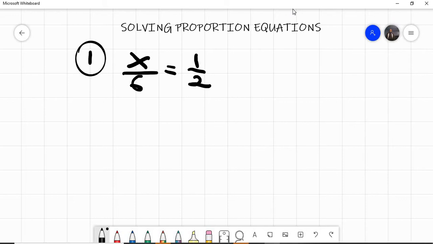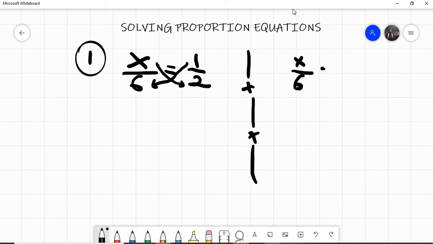Sometimes we cross multiply, or we multiply by the lowest common multiple. So we cross multiply this one to that one and this one to that one. That's one way of doing it. Another way of doing it is to multiply by the lowest common multiple.